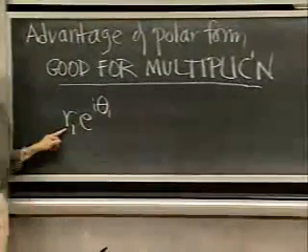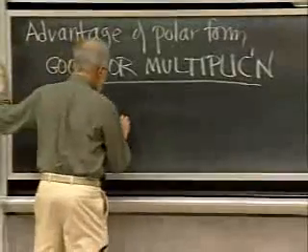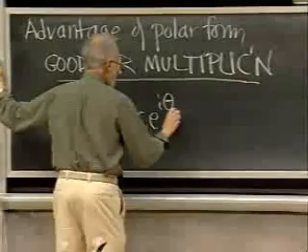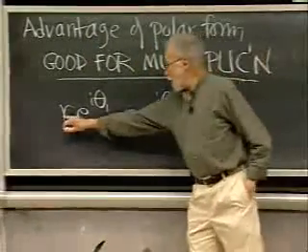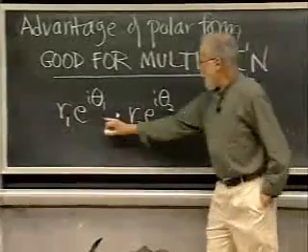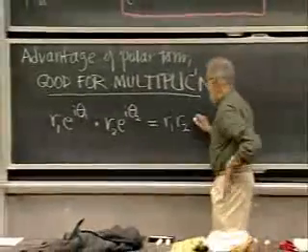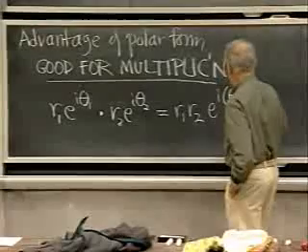It's good for multiplication because here's any number in its polar form, a general complex number: its modulus times e to the i theta, times r2 e to the i theta 2. Well, you just multiply them as ordinary numbers. So the part out front will be r1 r2, and the e to the i theta parts get multiplied by the exponential law and become e to the i (theta 1 plus theta 2).